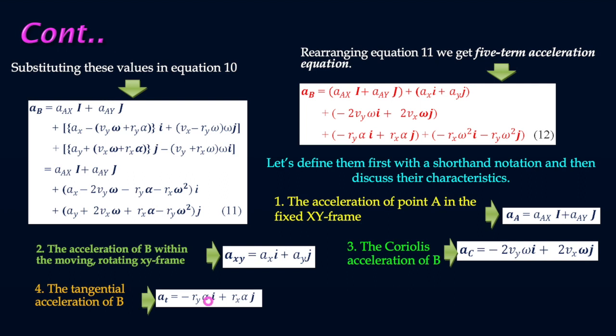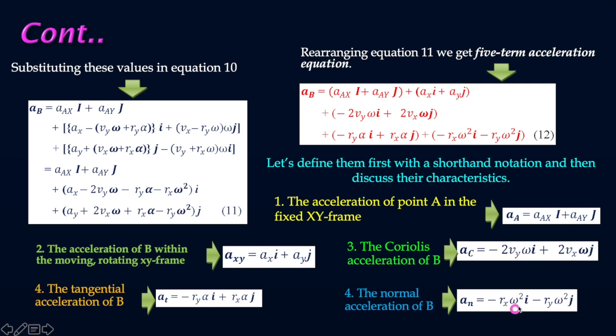In the last lectures I already discussed that this is the tangential component, which is a function of alpha. So this is the tangential component of acceleration of point B. Whereas omega square, that is also discussed, is the normal component of acceleration.